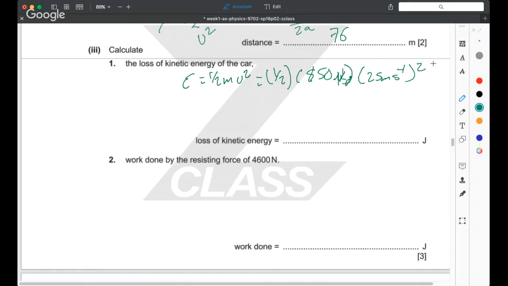So 0.5 times 850 times 25 squared. It's 265,625, in joules. So in other words, it could be 265 kilojoules.